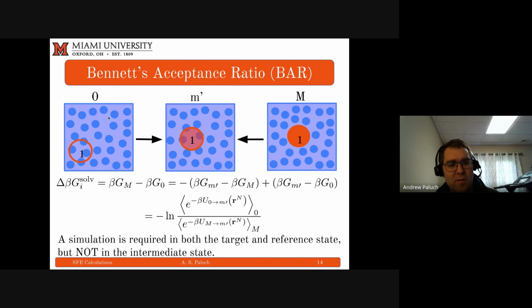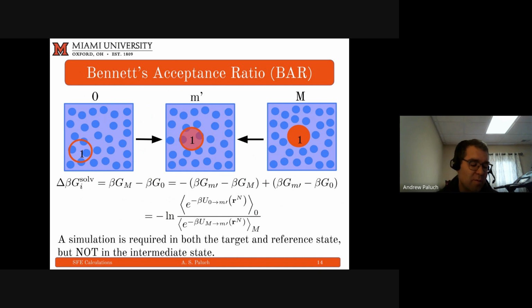So it's not quite going from non-interacting to fully interacting; it's going to be, say, a weakly interacting solute. By adding this intermediate state, the number of mutual states, or states that would be of interest to both systems, is going to increase. And the same thing going from M prime to M as well.